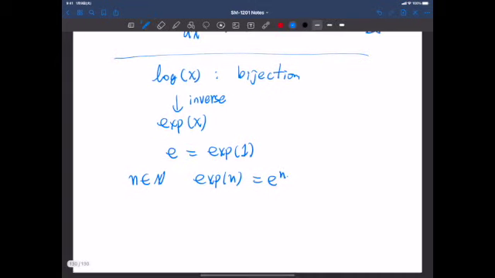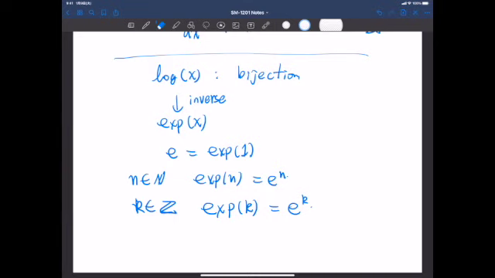Then we extended this to any integers k, so exp of k is equal to e to the power of k. So we first showed this relation for natural numbers, then extended it to integers, then to rational numbers.